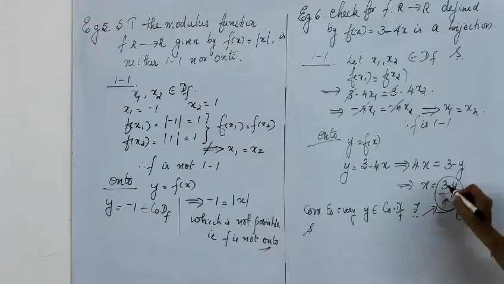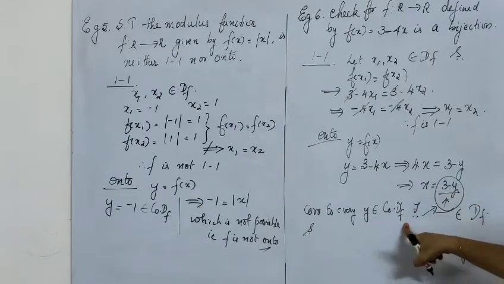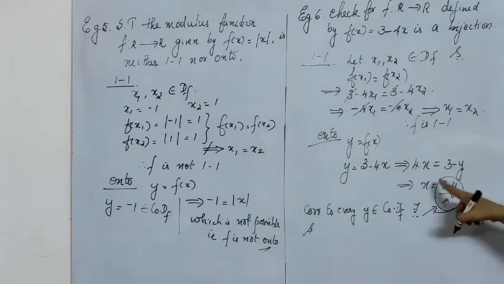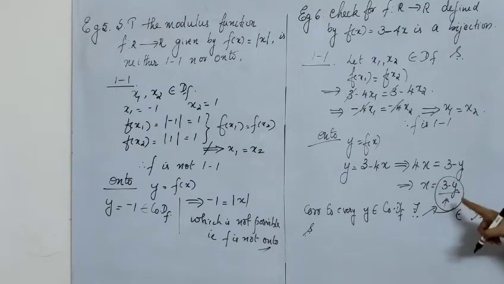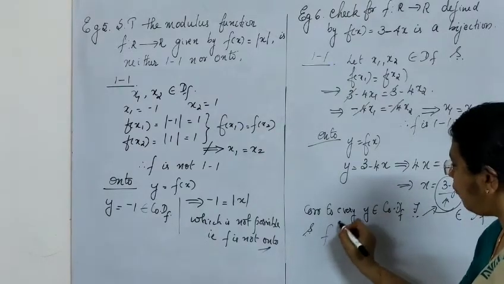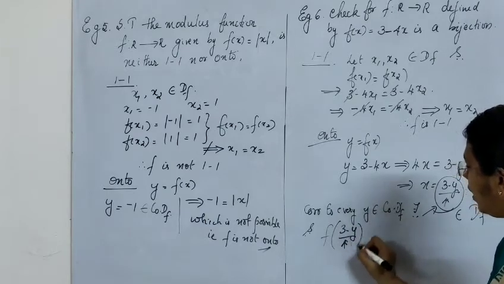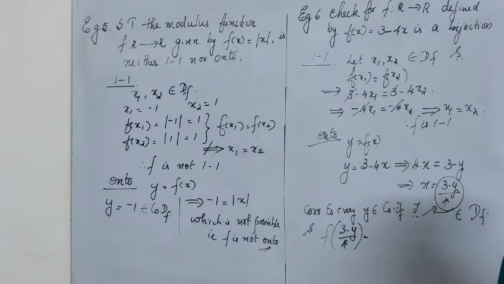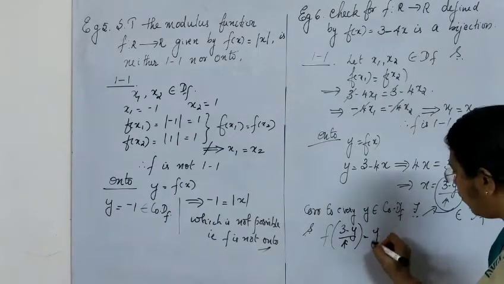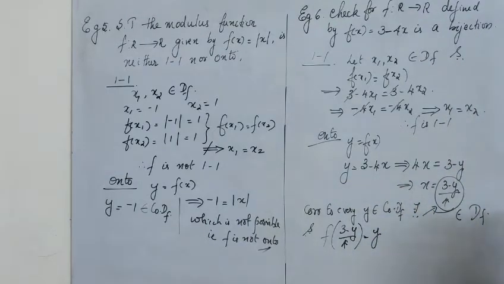So corresponding to every y value belonging to the codomain of the function, there exists such a value that belongs to the domain of the function such that f of (3 minus y) by 4 equals what? Which is equal to y. Let's check this.